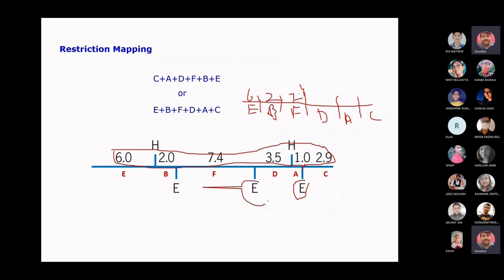So it is marked at E. Then after F, so F के दोनों side restriction enzyme E होना चाहिए. So we mark E over here. And we knew that B and E will also give us 1 fragment. So these are the 3 restriction sites of EcoR1 on this scale. And the remaining you can directly mark at hint 3, or otherwise you can do vice versa. कि आप hint 3 को पहले locate कर लो and remaining को coding दे दो E. But you have to cross check it.